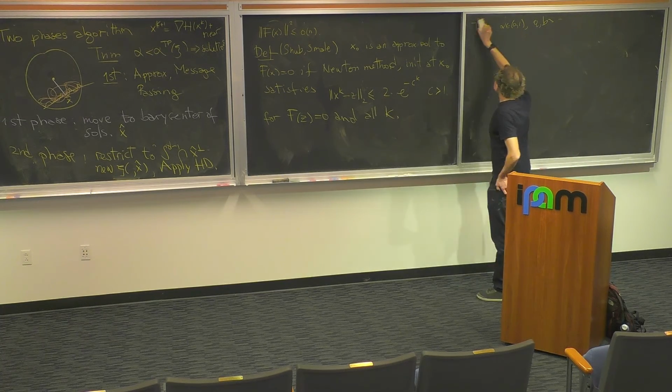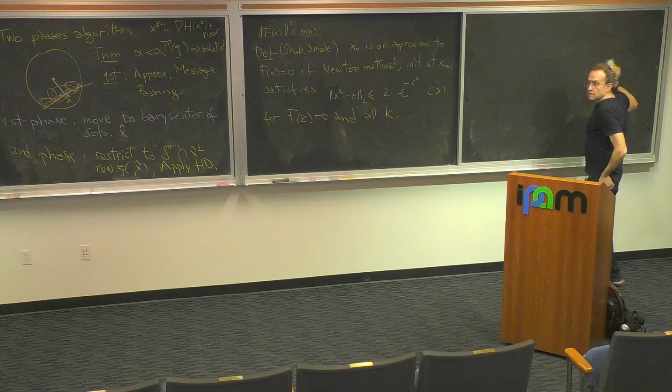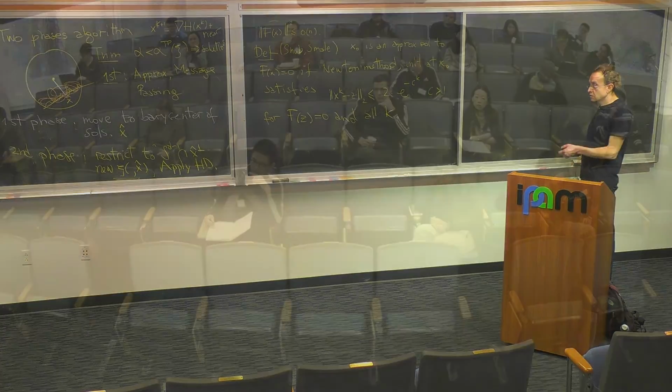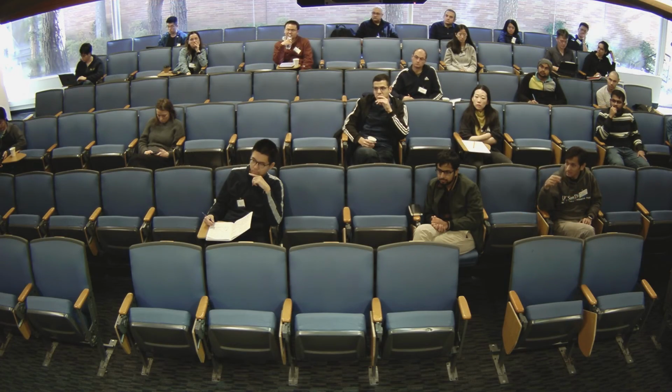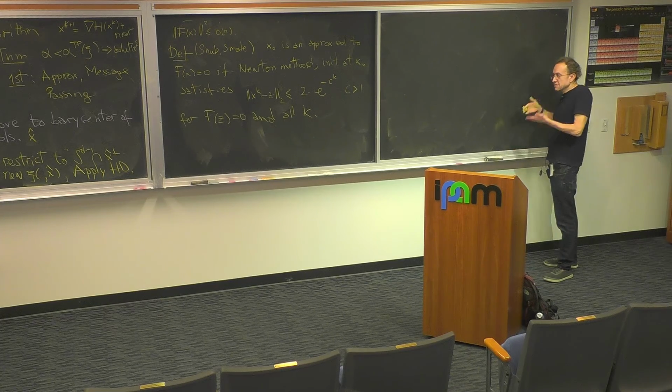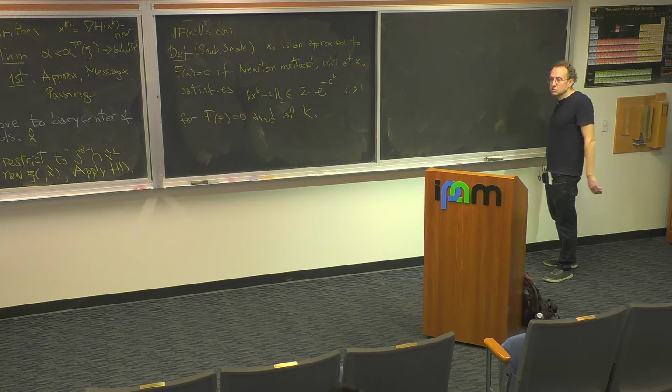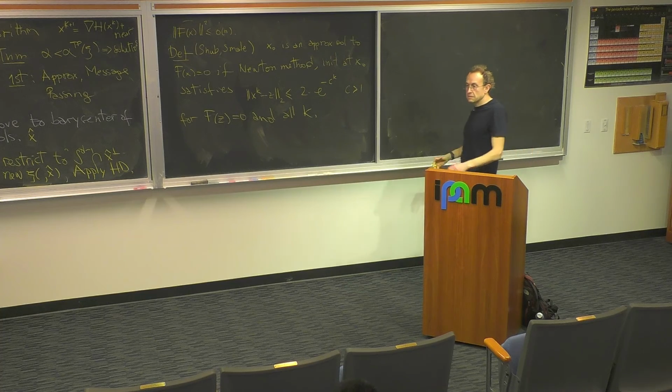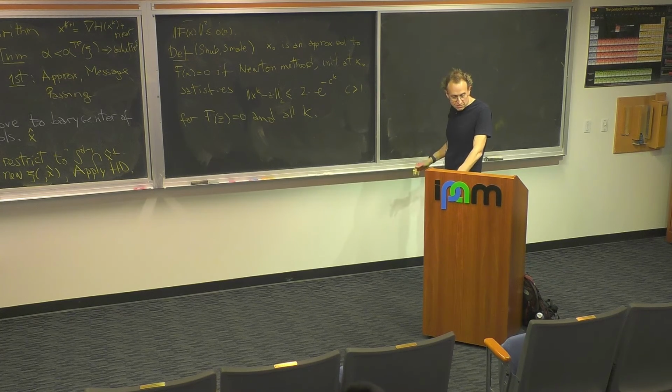Is the double exponential too strict, or is that natural? This is the normal convergence of Newton's method close to the solution, the local convergence. It's quadratic convergence, which I find a very confusing terminology.